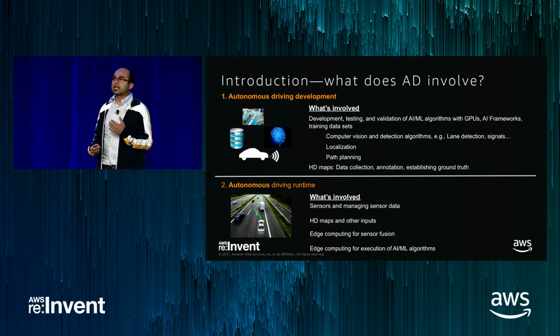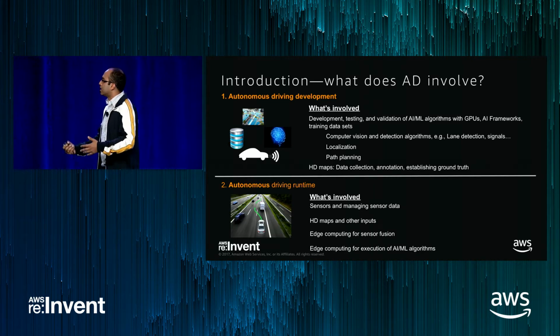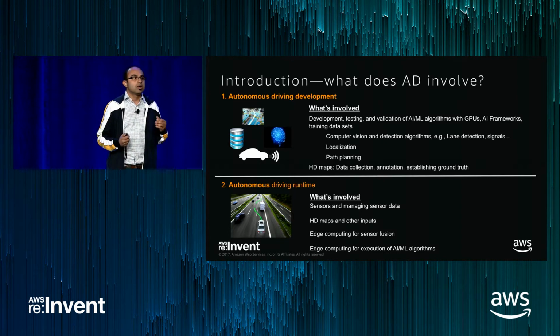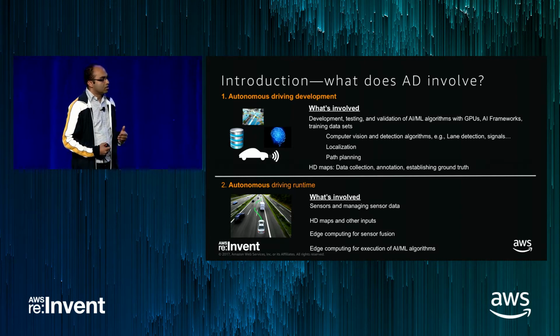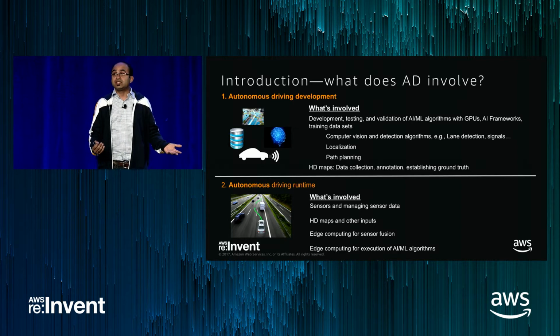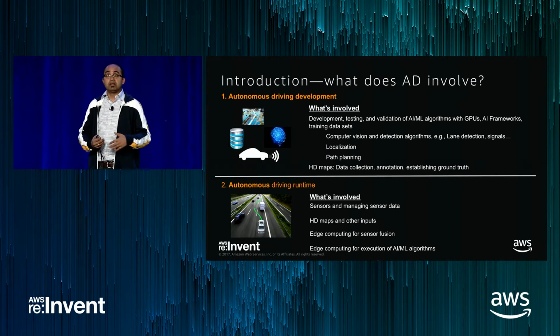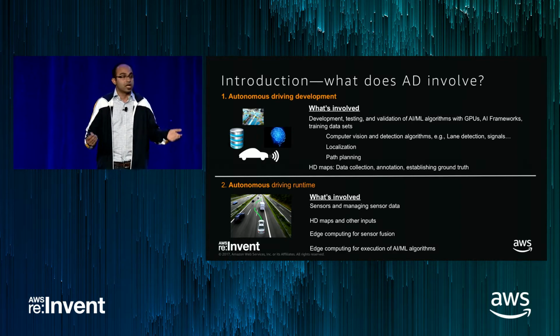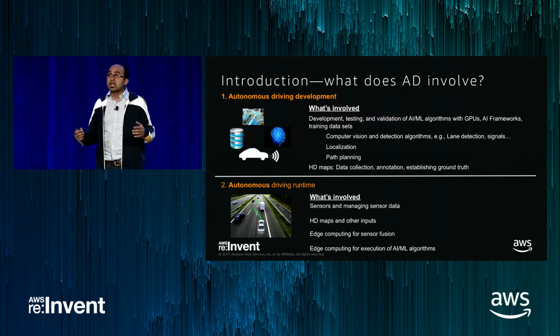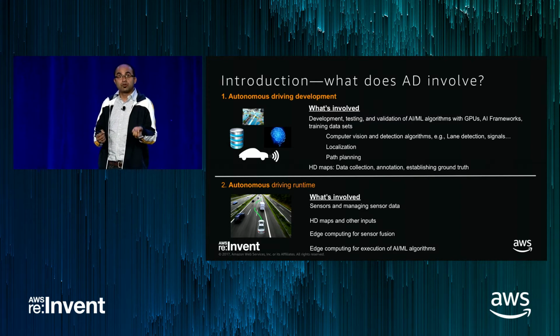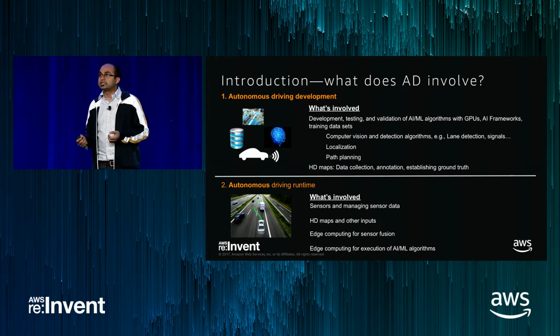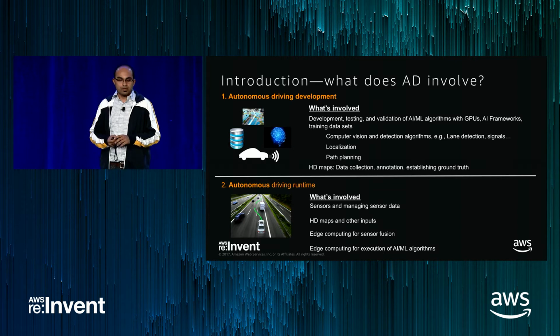And the second aspect is the driving runtime, right? So what is it? How does the car actually run? Cars have many sensors, correct? So how do these interact with each other? Sensor fusion: how do we get all this compute locally there in the car? The second is HD maps that we talked about.